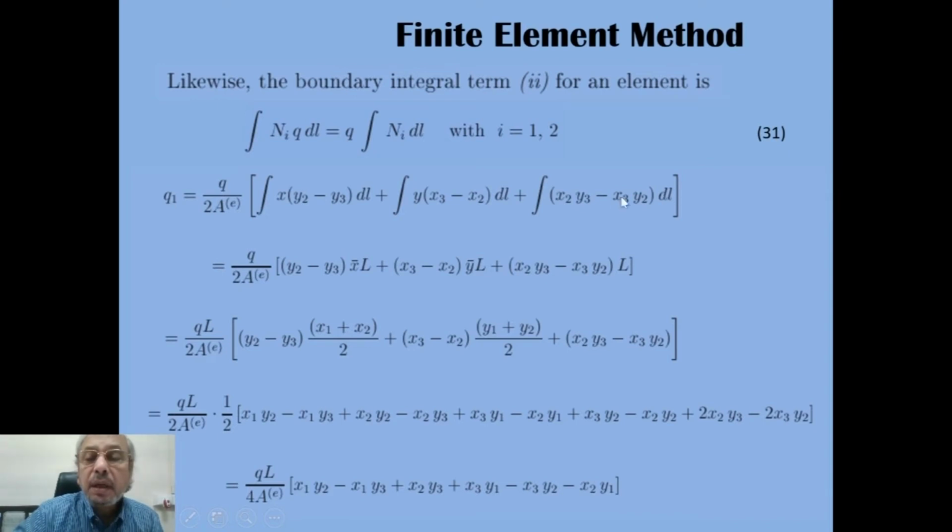Inside we get x into y2 minus y3 into dl, y into x3 minus x2 into dl, and then x2 y3 minus x3 y2, and we are integrating over the line.